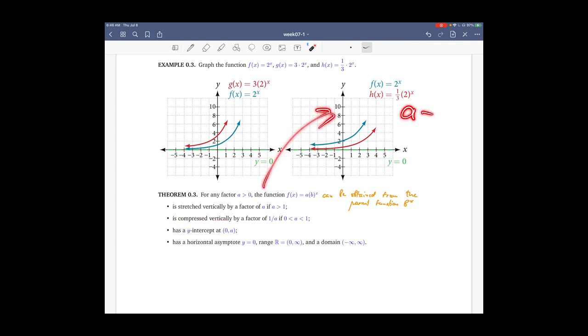Here a is 1/3, and 1 over a is 1 over 1/3, which is 3. So we were compressing by a factor of 3.